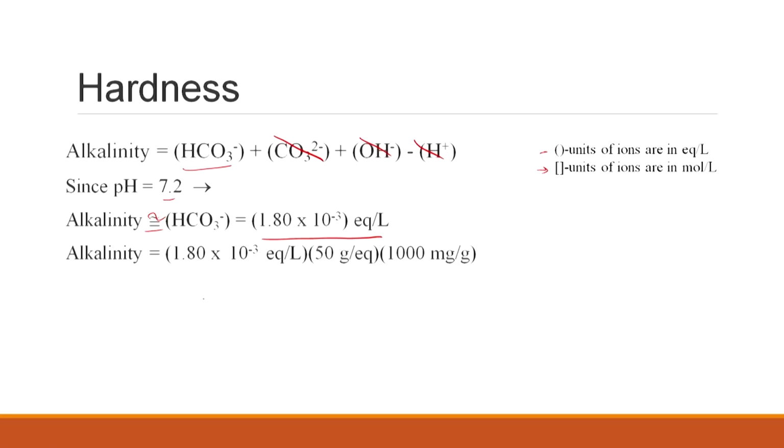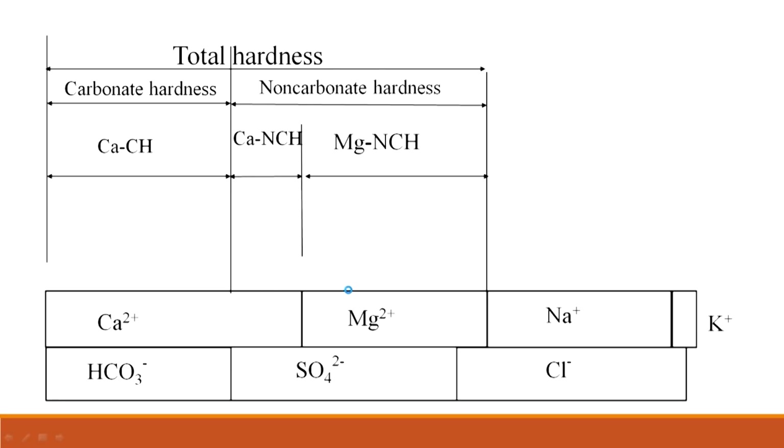So, again we are multiplying it with the equivalent weight for CaCO3, and then we have it in terms of alkalinity as CaCO3, right. And what do we have? I think this was 140 total hardness, and the carbonate hardness we have around 90, is it? Yes, 90.